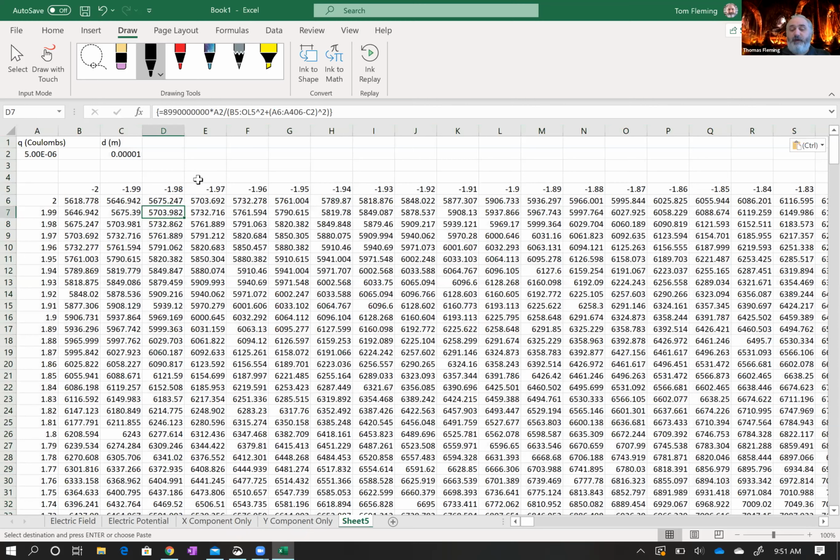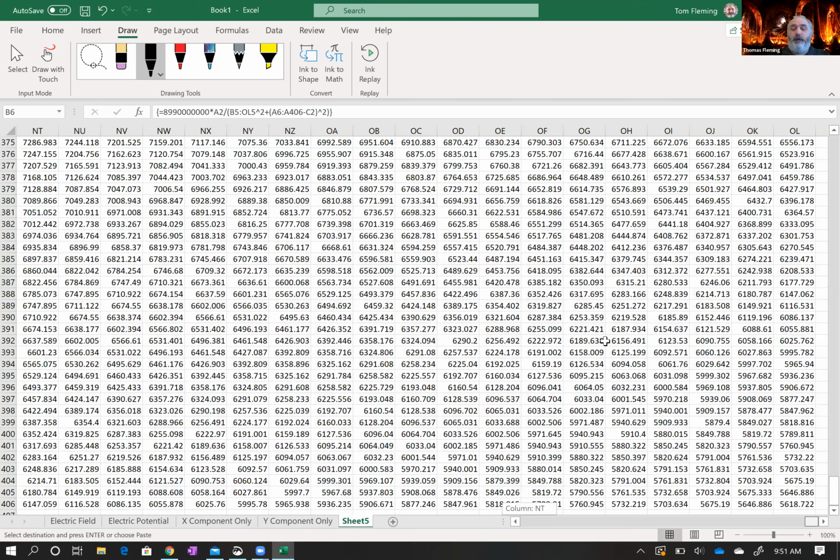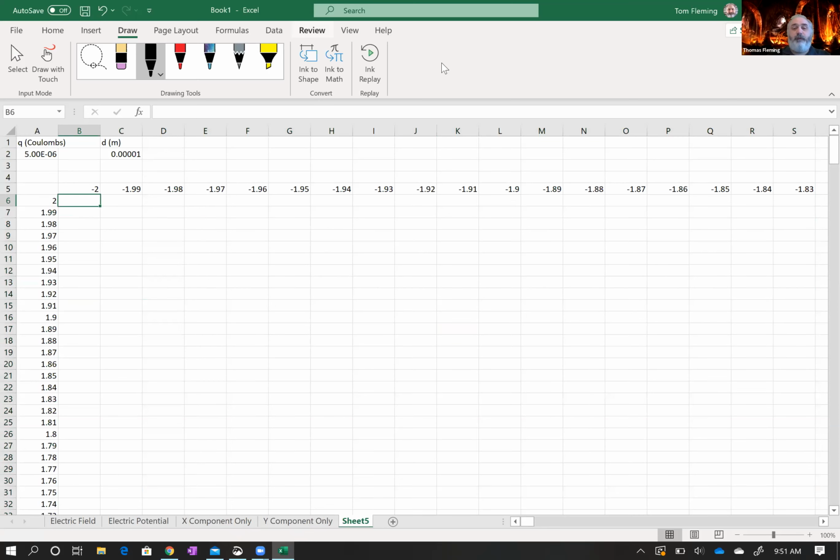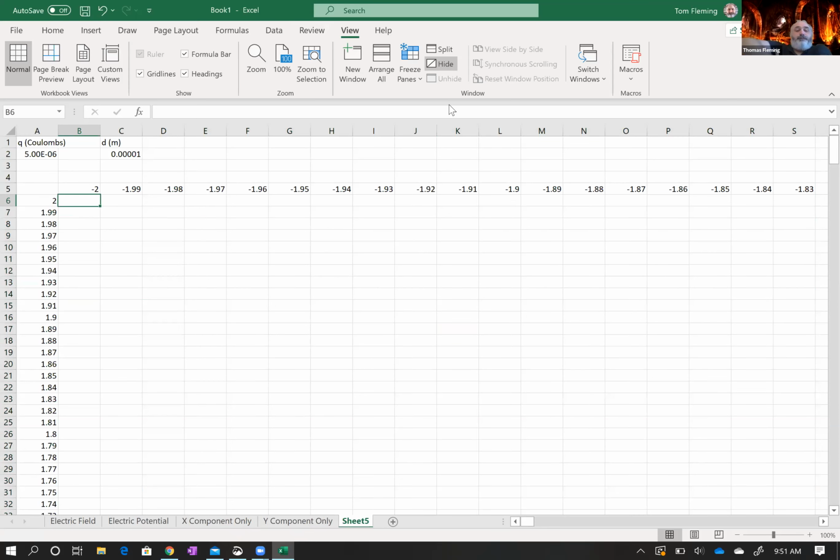And again, I'm going to clear out all the stuff that I don't need and replace it with what I do want. I'm going to freeze these panes again. So here what's going to happen is in cell -2, +2, I want to be looking in the X component sheet and the Y component sheet and using the Pythagorean theorem to combine them.